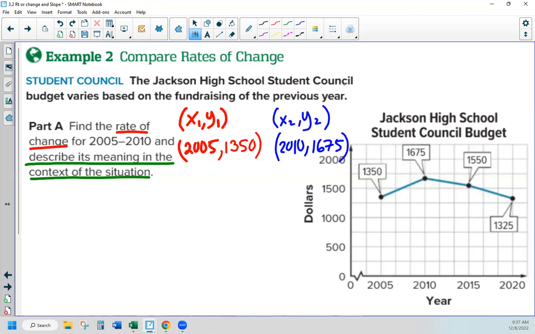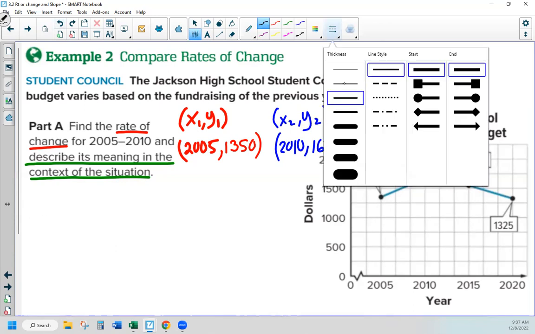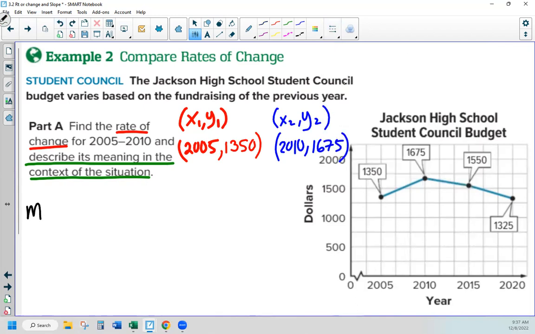So let's go ahead and I always will do this. I will always write the slope formula. The more you write it, the more it stays in your brain. Y2 minus Y1 divided by X2 minus X1. If you paid attention last video, you understand that we can write this formula a slightly different way.